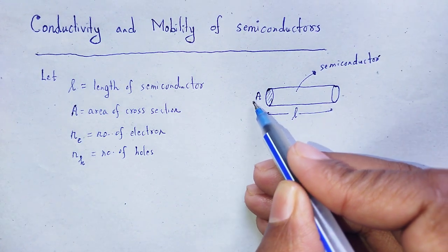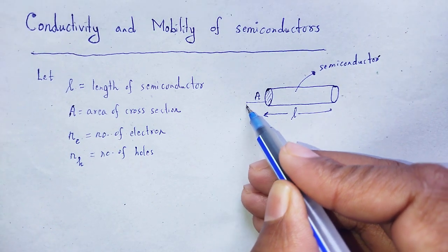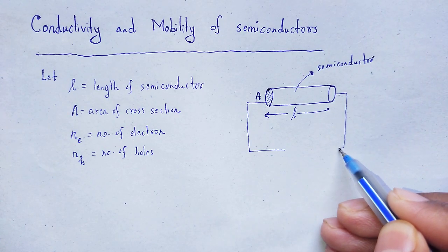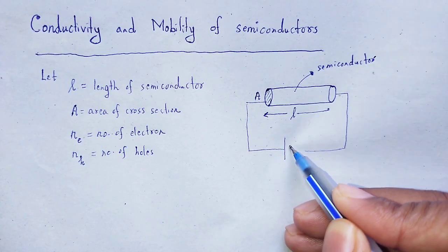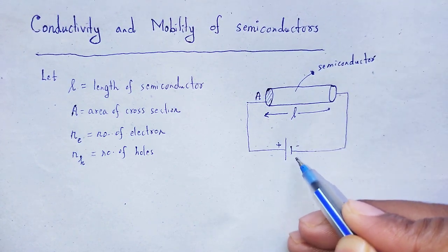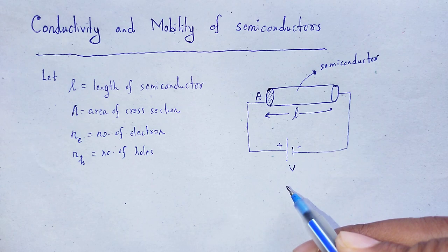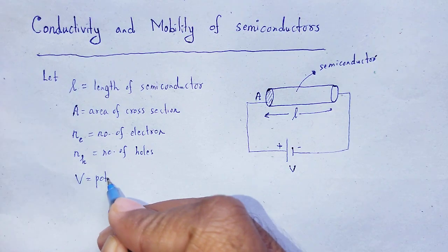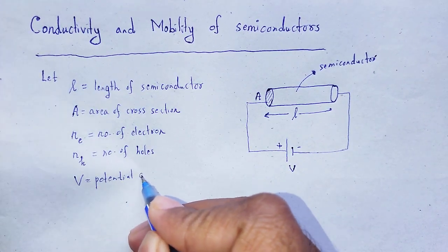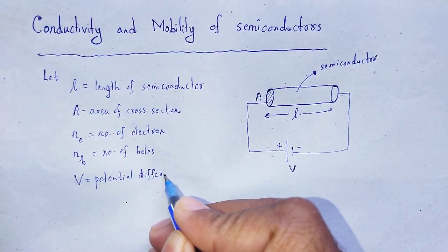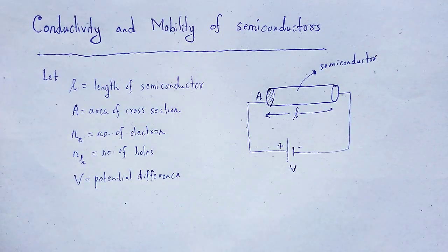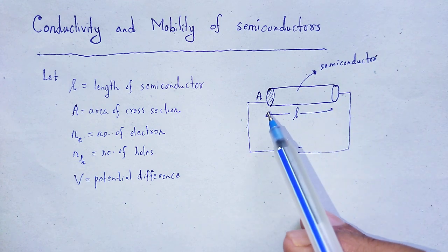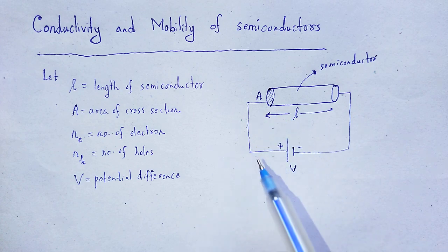And we apply a potential difference V throughout the semiconductor in order to flow the electrons as well as holes.